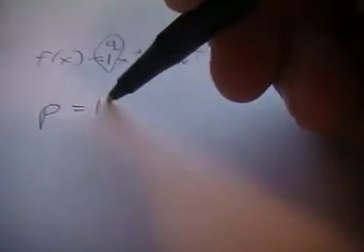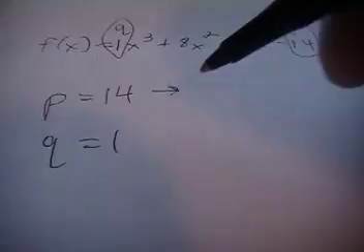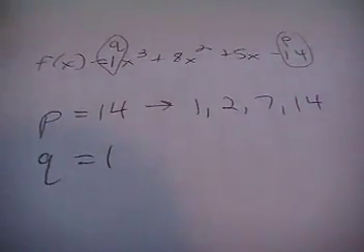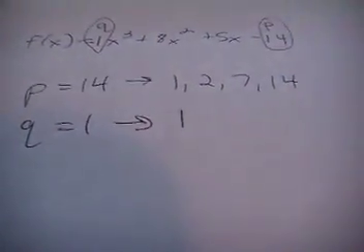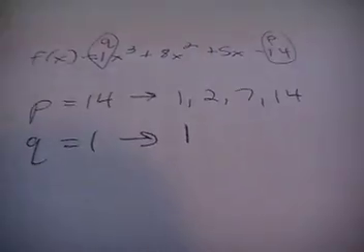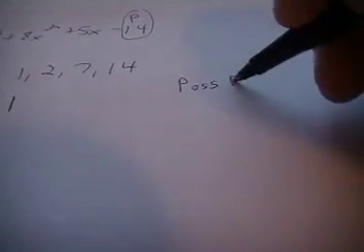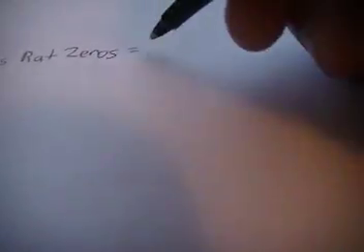If we list all the factors of each of those numbers, the factors of 14, things you can divide into 14, are 1, 2, 7, and 14. They're the only numbers that divide evenly into 14. It's nice when q is a 1 because the only thing that divides into 1 is 1. So we make a list of possible rational zeros, which is all the p divided by q combinations.